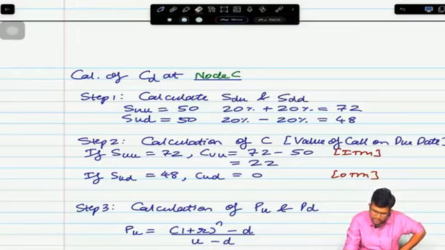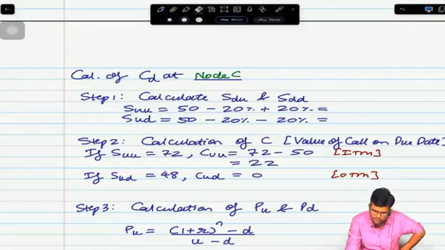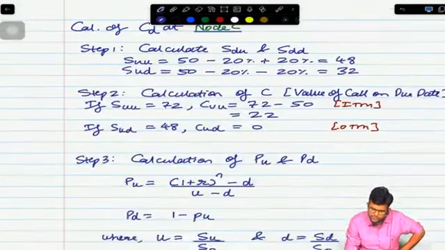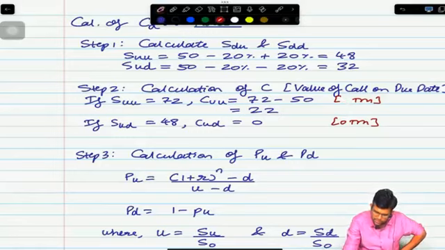I hope you understand, it will be like this. Everybody clear? And this, do you realize, will be 48 and the other one was 32, no? 32. So calculation of C, value of call option on the due date. So this will be OTM. Both are OTM only.